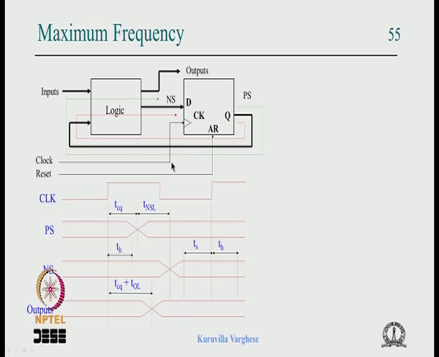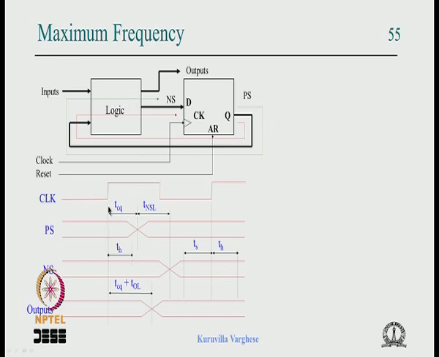So when we work out the maximum clock period, there are 2 sets of paths we have to analyze. One path is the same as in the counter. When a clock comes, the Q changes and it propagates through the next state logic, and the next state gets ready before the setup time.